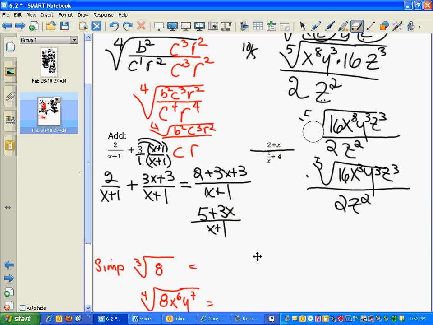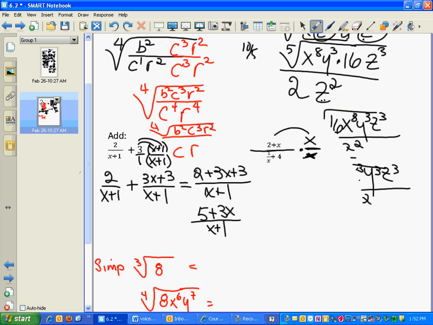If we multiply everything, and I'm doing this as x over x. Well, hold on. We got to distribute. So when we take it to this numerator, would you agree that we get 2x plus x squared? And when we take this x to this first term, what does happen?